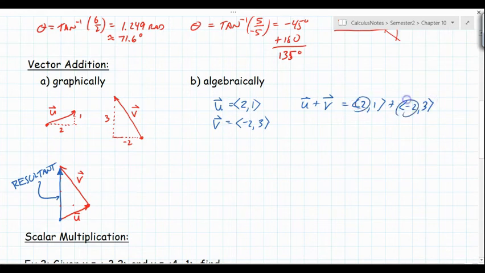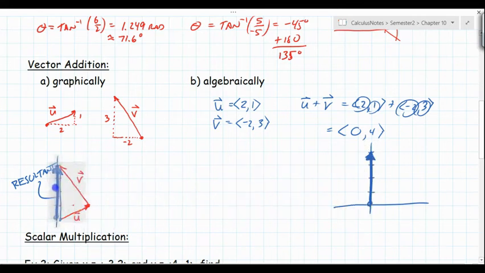Add the x components and you get 0. Add the y components and you get 4. So our resultant is the vector 0, 4, which would start at the origin and go up 4 units. So our resultant points straight up and has a length of 4. Okay, notice that that's the same vector that I got when I did them graphically.